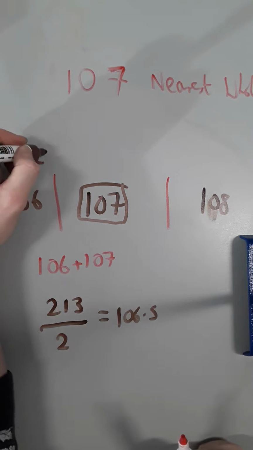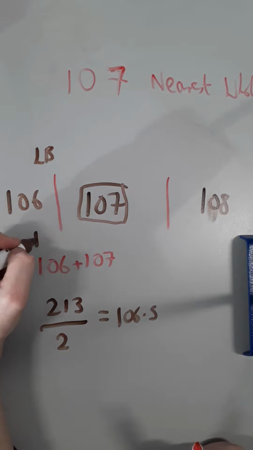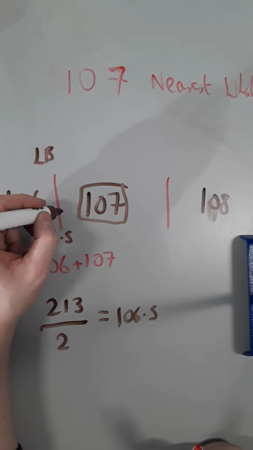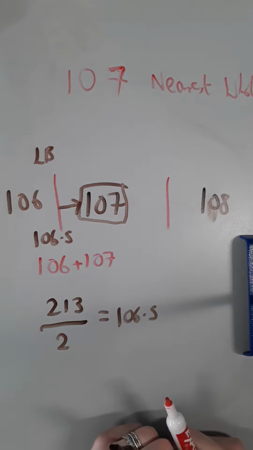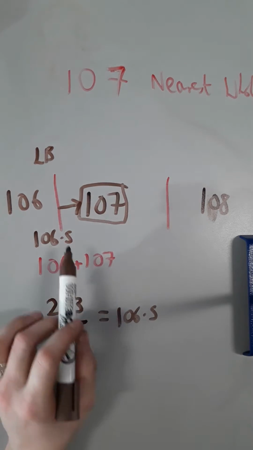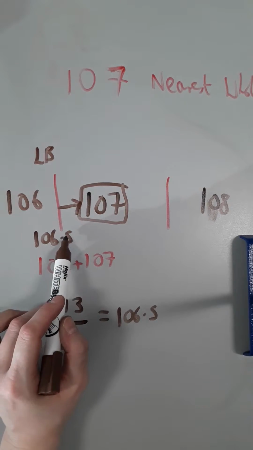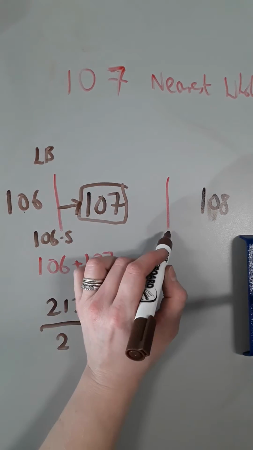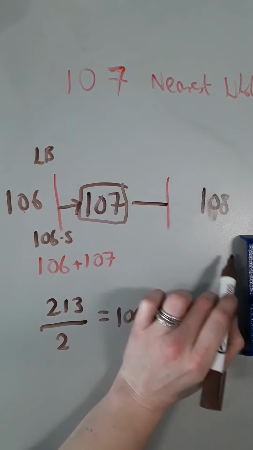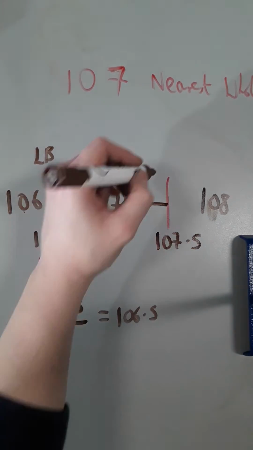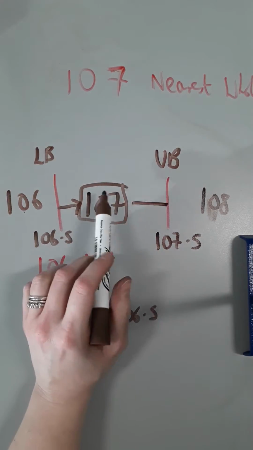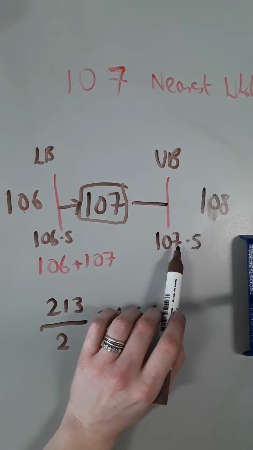So this is called my lower bound, because if any numbers are 106.5 or more, we're going to round them to 107. Here, because we've got a difference of 0.5, and this is symmetrical, we're also going to have a difference of 0.5 this side. So this number will be 107.5 here. So our upper bound for 107 is 107.5.